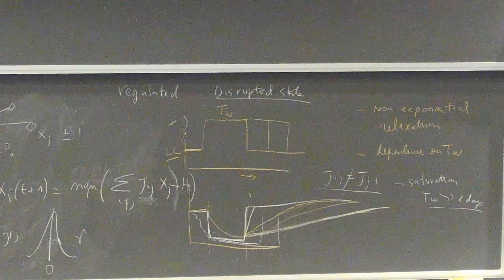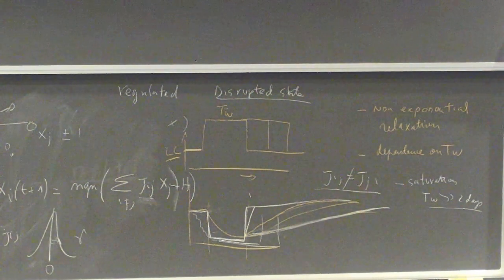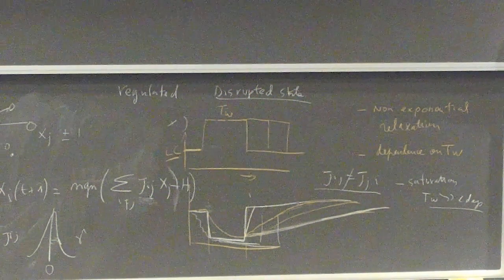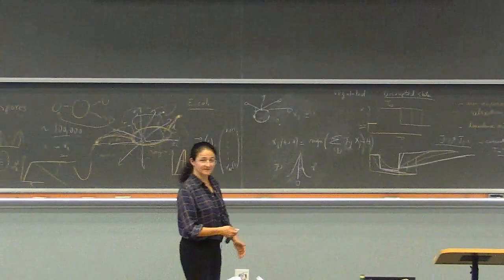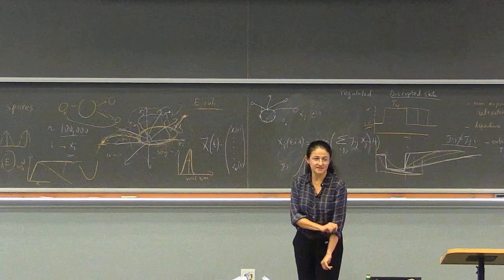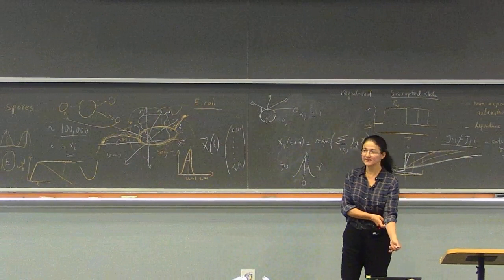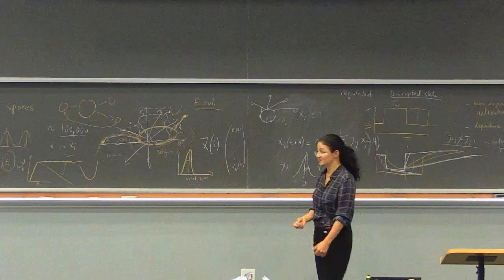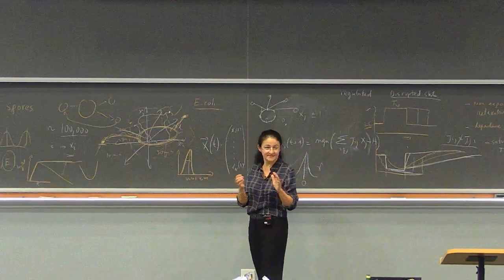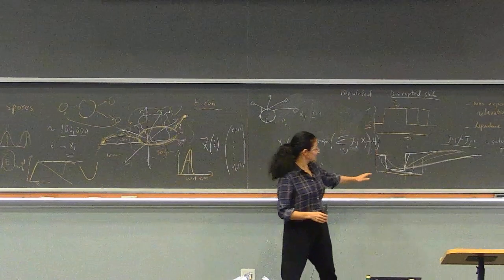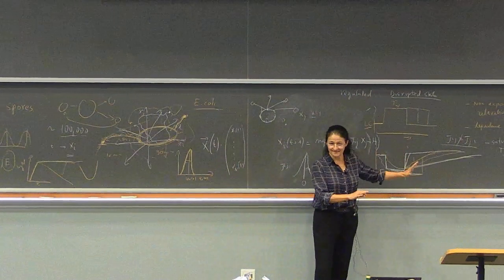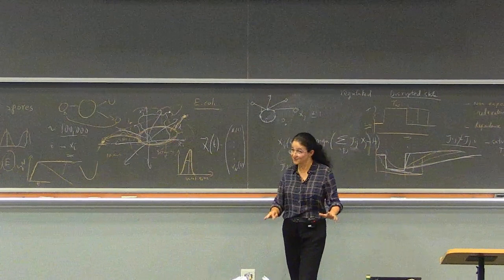So another very important feature, of course, of living systems is the evolutionary perspective, right? What is this disrupted state telling us from an evolutionary perspective? What I'm telling you in terms of observations is solid.